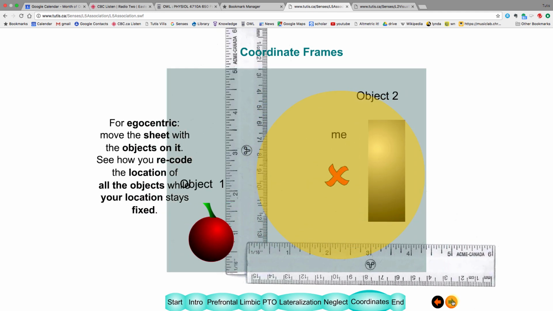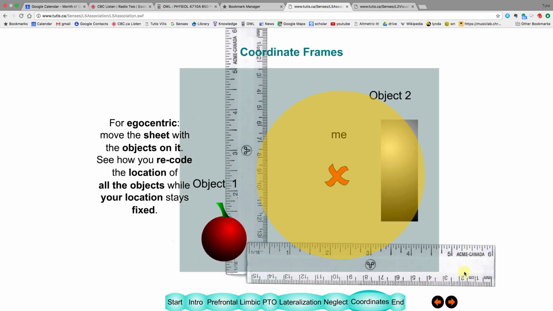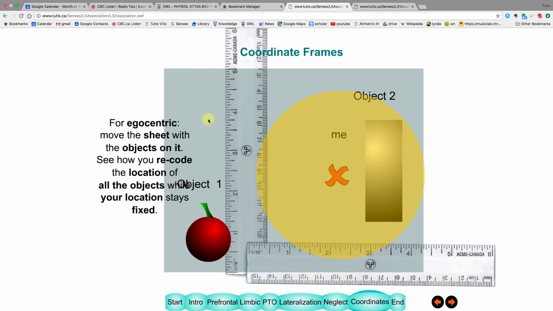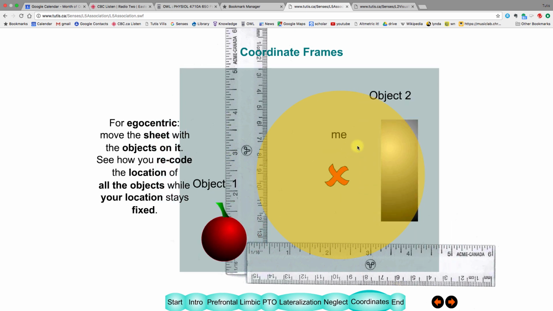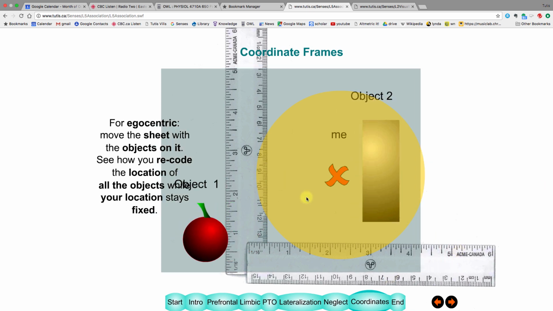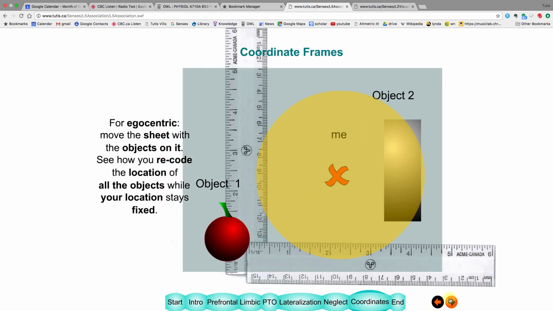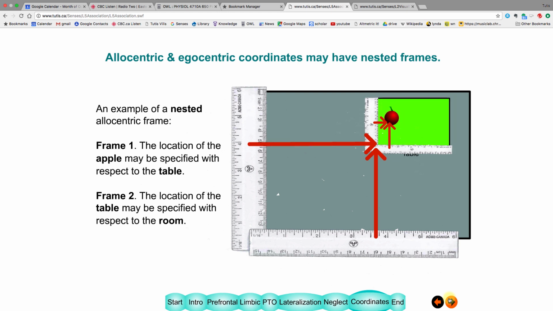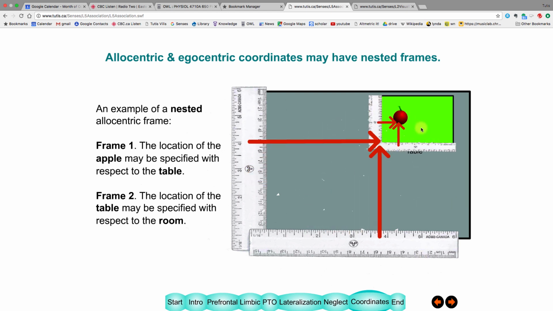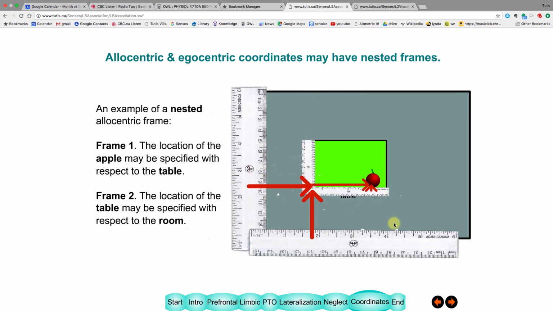And then when the other frame moves around, you can think of you moving with respect to the table. Their positions relative to you move around, but of course, their positions with respect to the table stay the same. And you could have nested frames. You could have the object on a table and the table in a room.